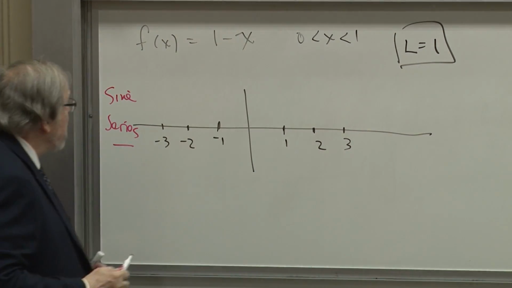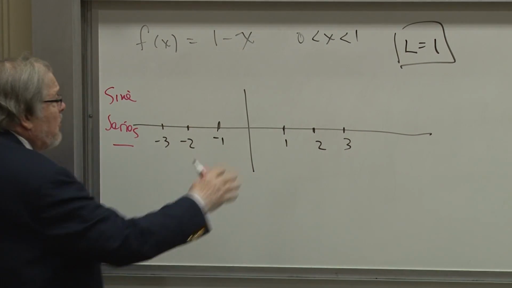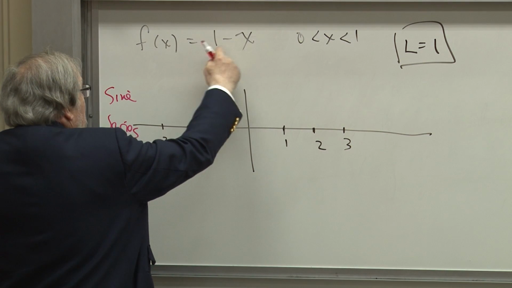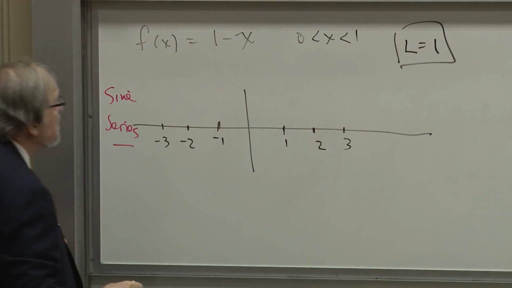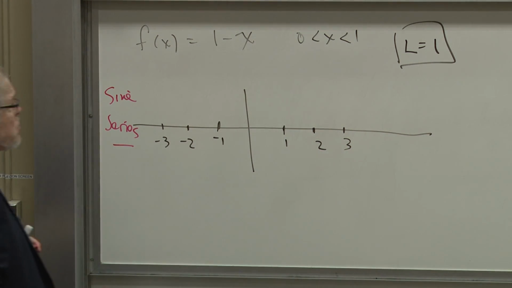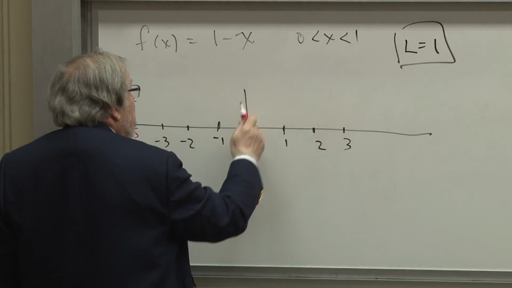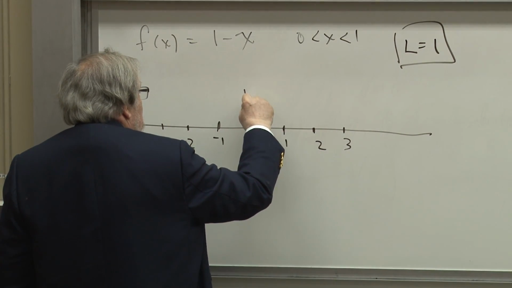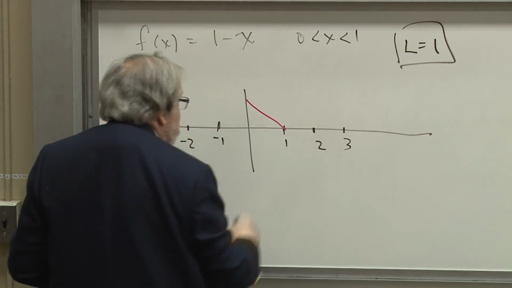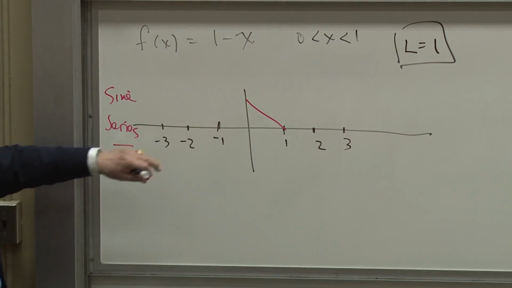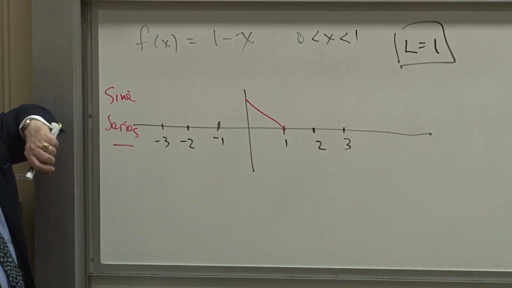The idea is that in the interval where the function's defined, if it's continuous, it converges to the function. The function 1 minus x between 0 and 1, the graph is a straight line of slope -1. At x equals 0, f is 1.